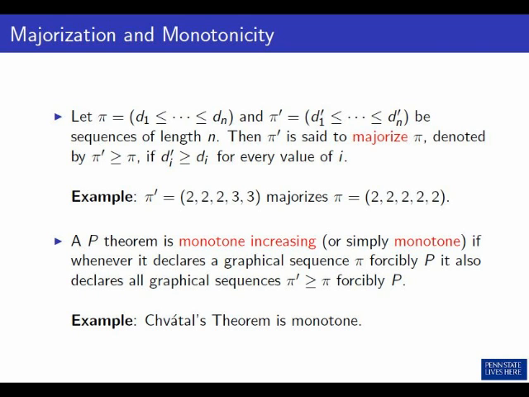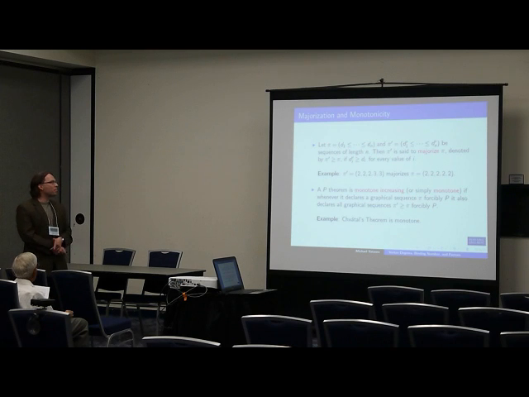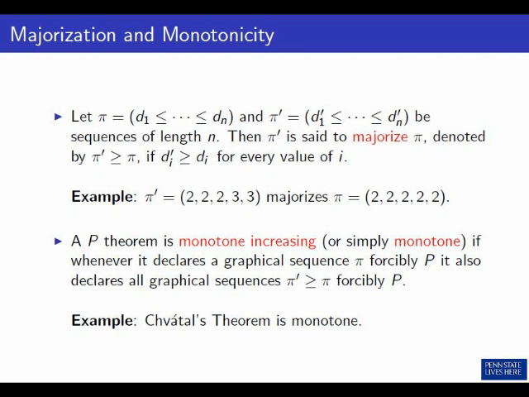In particular, given two graphical sequences, or just any two sequences of the same length, we say that pi prime majorizes pi if pi prime is term by term greater than or equal to the entries of pi. Here's an example of a pi prime majorizing a pi. And a P-theorem is monotone increasing, or for us simply monotone, if whenever it declares a graphical sequence to have the property P, then every majorizing sequence will also be forcibly P as well.